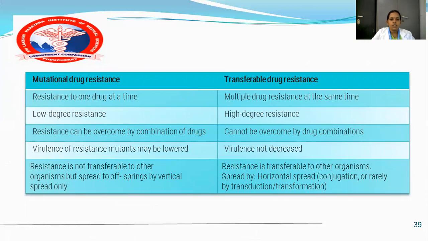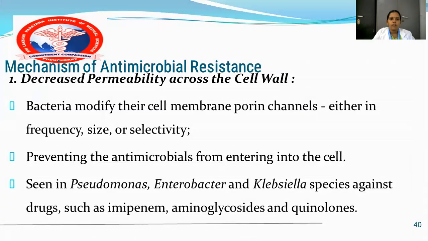Virulence of resistant mutants may be lower, but here virulence is not decreased. Mutational resistance is not transferable to other organisms, but spreads to offspring by vertical spread only. Here, resistance is transferable to other organisms by horizontal spread.